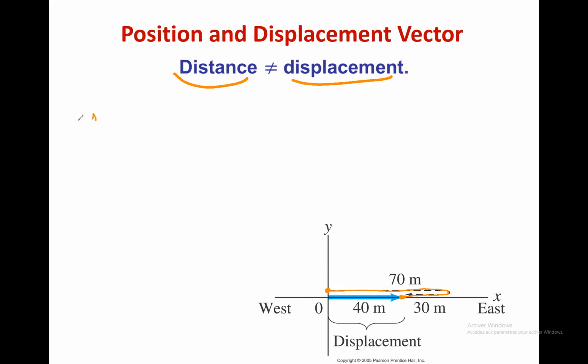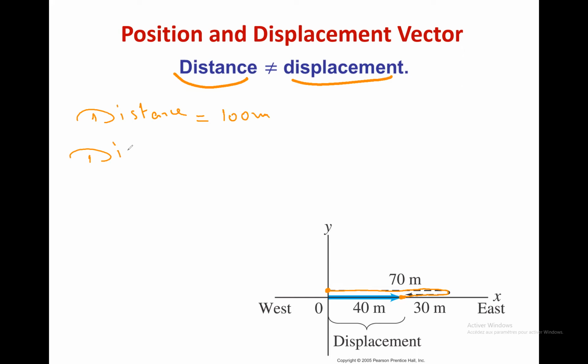The distance equal the total distance passed by the object equal 70 plus 30, it's equal 100.